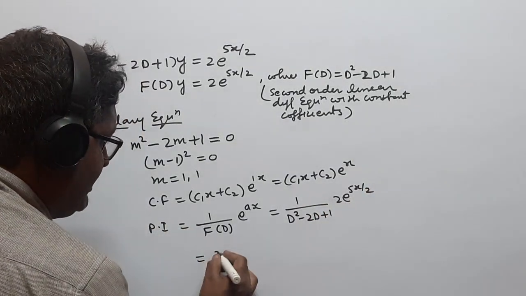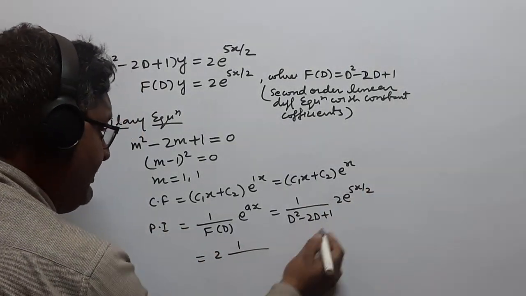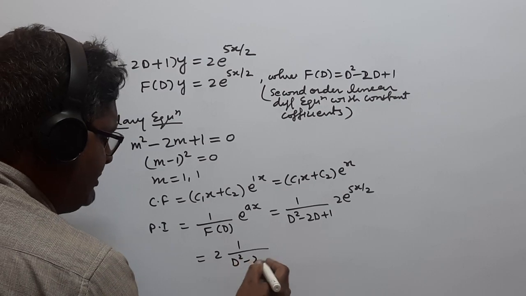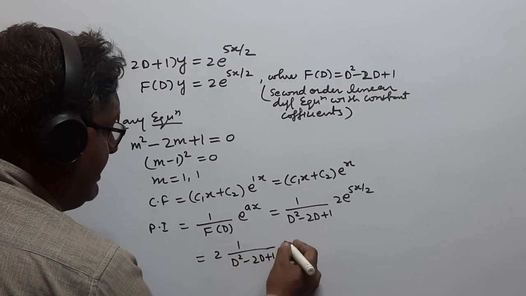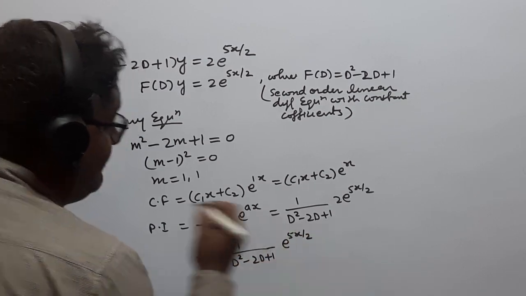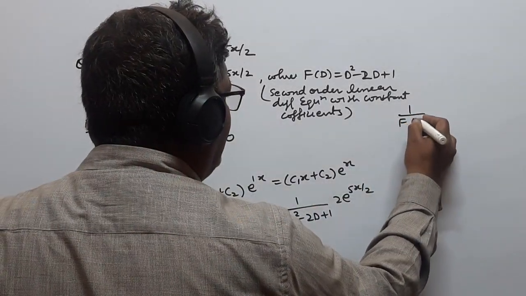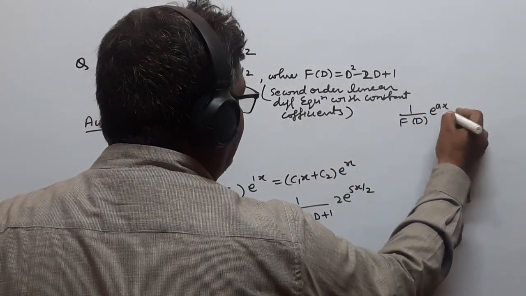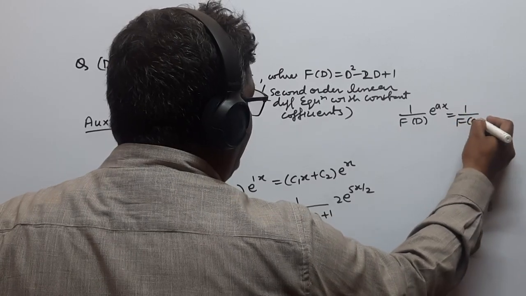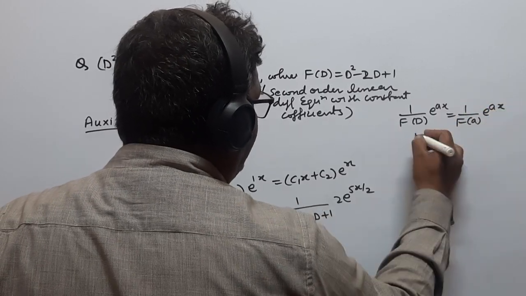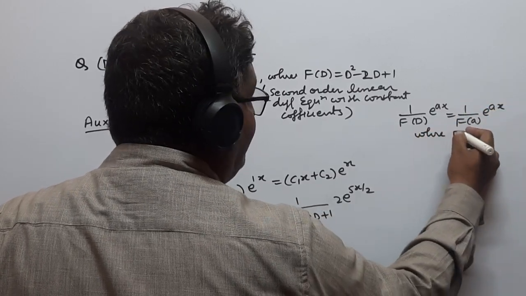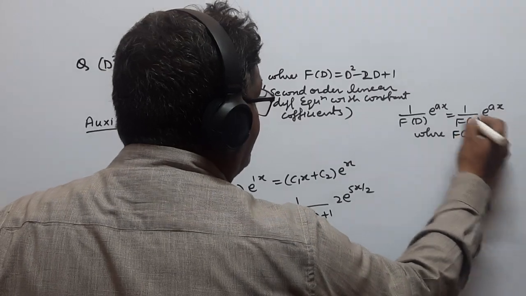This 2 is a constant, so it will be outside the operator. You know that the particular integral of e to the power ax is 1 upon F(a) times e to the power ax, where F(a) is not equal to 0.